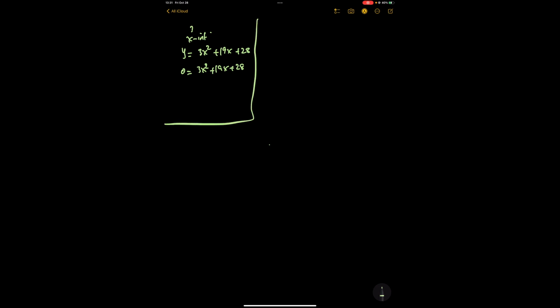The formula is going to be minus b, which is negative 19, plus or minus the square root of 19 squared minus 4 times 3 times 28, over 2a. 2a is 2 times 3. We know that 20 squared is 400, so 19 squared is going to be something less than 400.